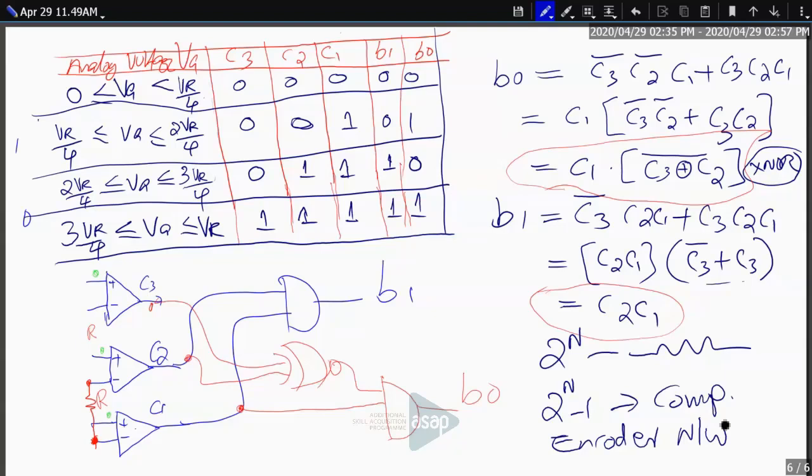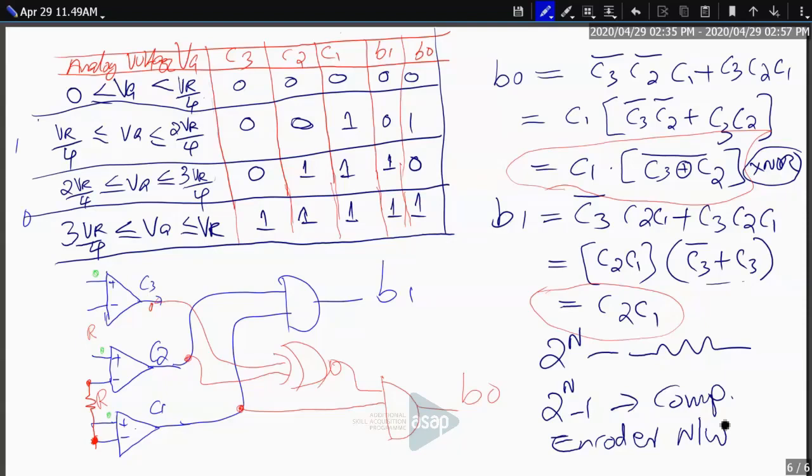With this, it is possible to convert the given analog voltage into a digital code, but with an error like this. So this is what is happening with our flash ADC.